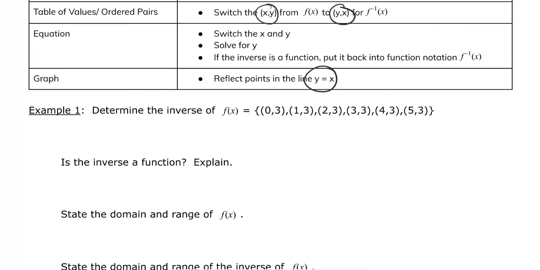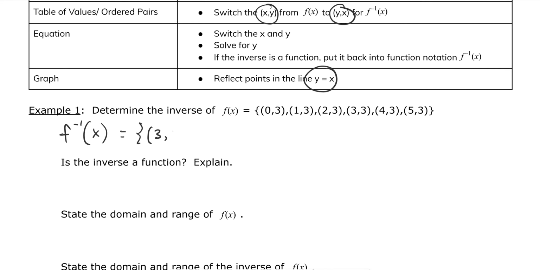Determine the inverse of the function. So here we have a list of ordered pairs. To determine the inverse of the function, we're going to reverse the x and y pairs into y and x. So my inverse function, f superscript -1, f inverse of x equals curly braces because of my set notation. And now reverse the coordinates.